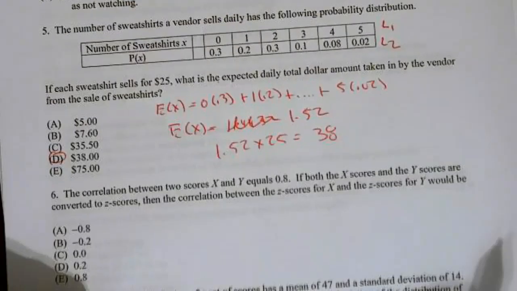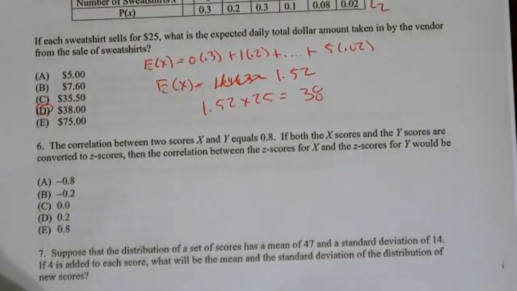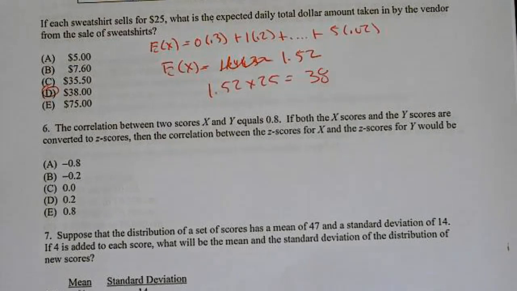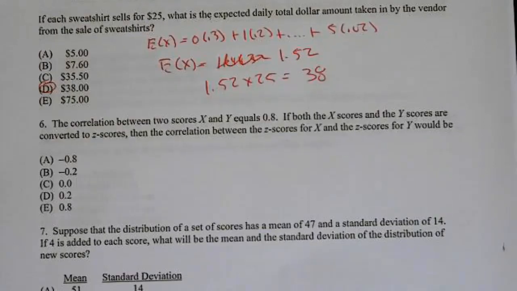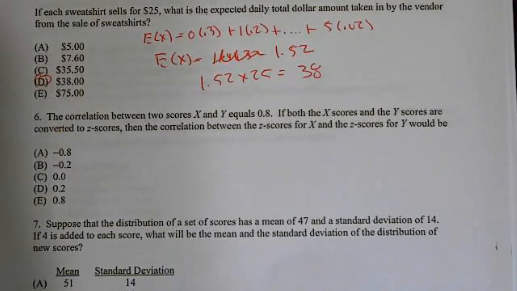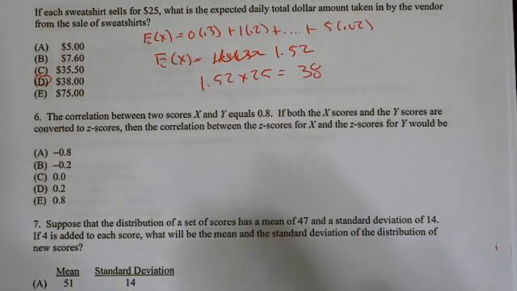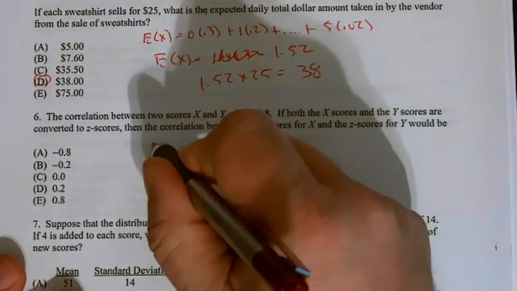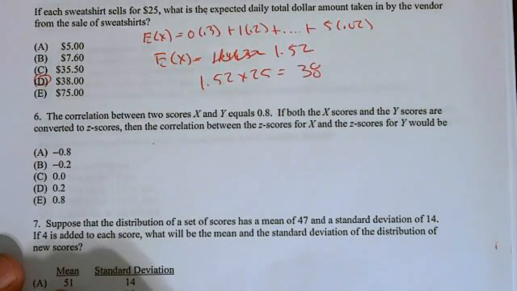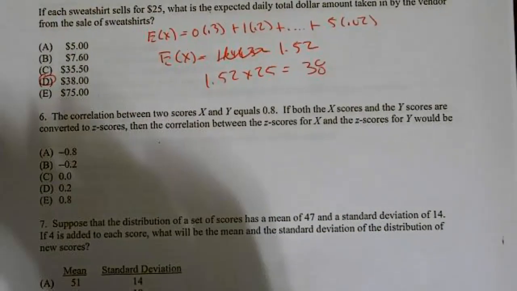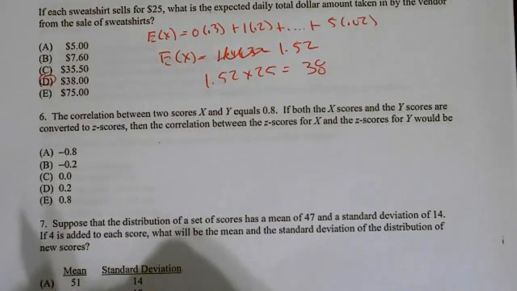The correlation between two scores X and Y equals 0.8. If both the X scores and the Y scores are converted to Z scores, then the correlation between the Z scores for X and Y would be, okay, it doesn't matter. Z-scores, here's what you need to know. Z-scores are not impacted by adding or multiplying. So if you add a constant, Z-scores aren't impacted.